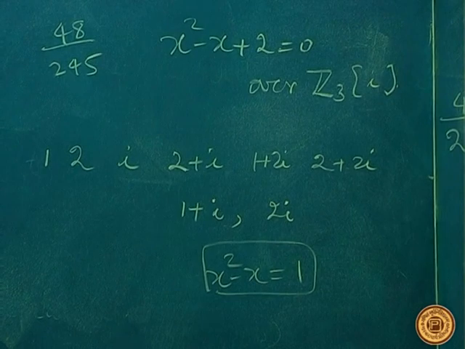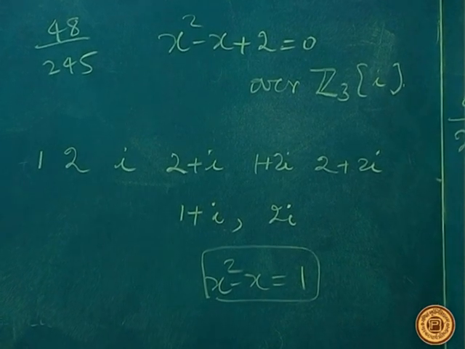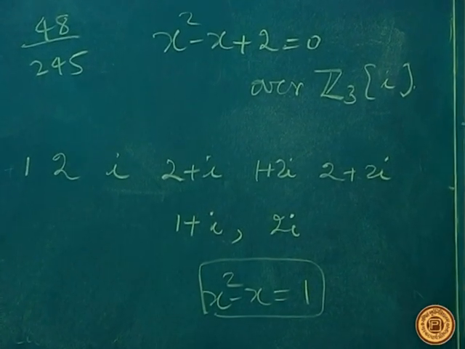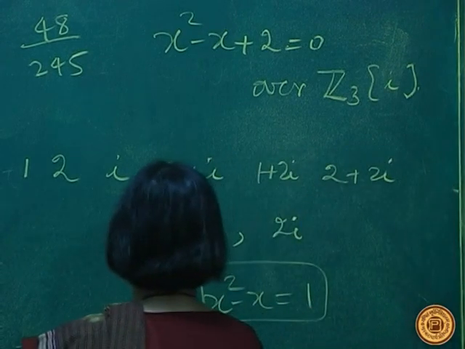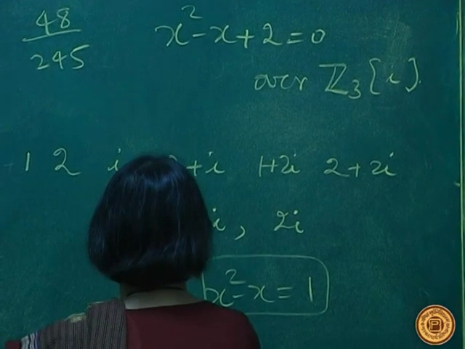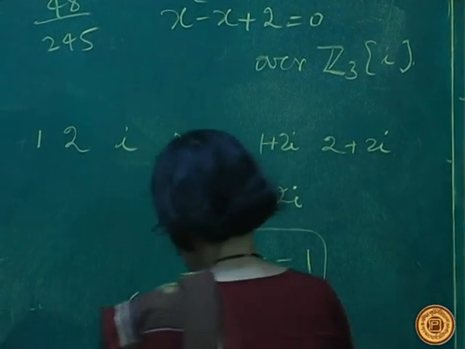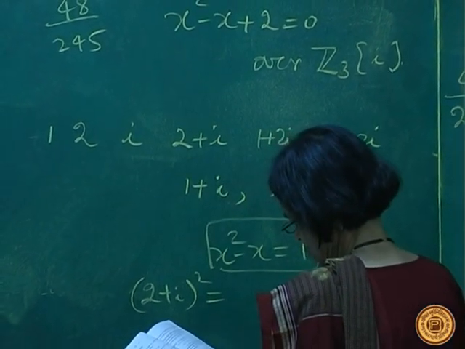x squared minus x has to be 1. So 2 plus i is one solution. x is 2 plus i, see 2 plus i squared. 2 plus i squared is given as i.